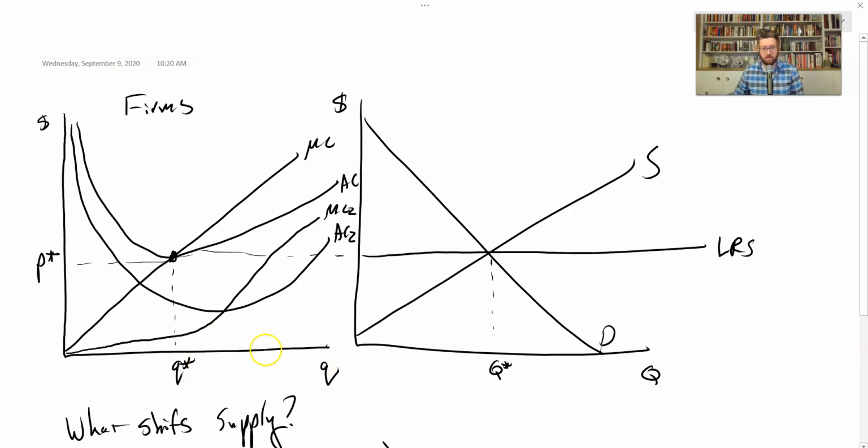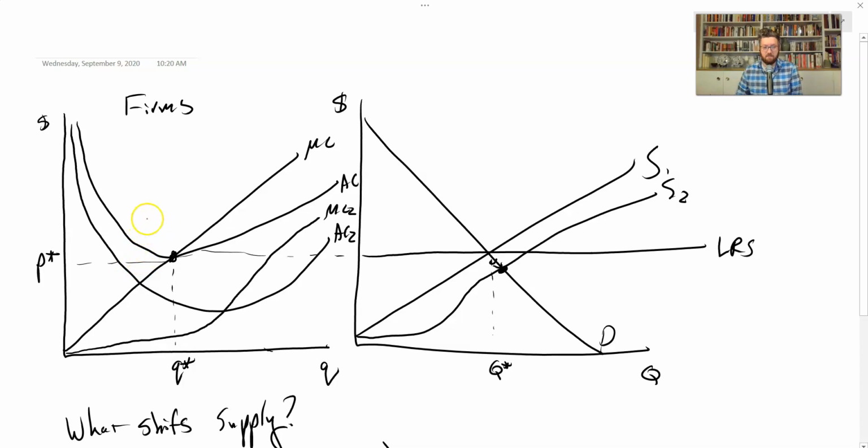Let's suppose this is the new supply curve. I tried to copy the shape of that one there. That's going to have cost decrease a bit here. So what's going on here?